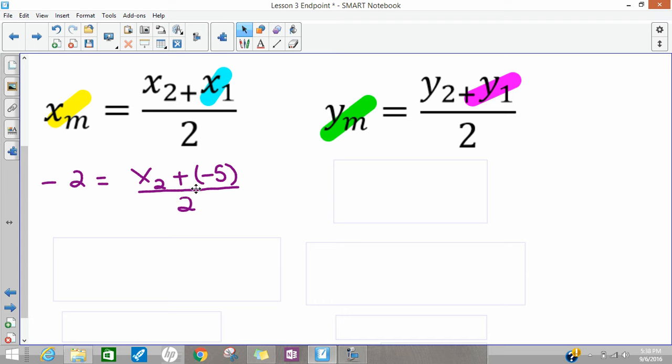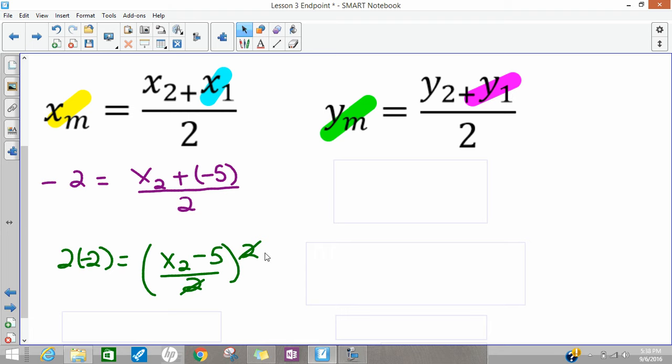Plug in XM and X1. Be careful here. I'll plug in parentheses because this is a plus here, and my X1 is a negative number. Multiply both sides by 2. You notice here this plus minus just became a minus. I simplified that situation.